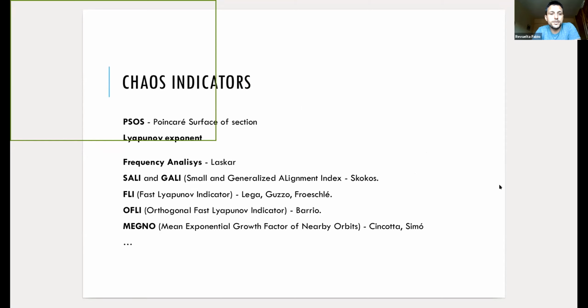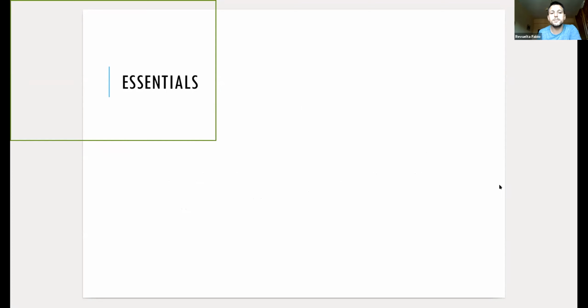There's a myriad of different tools to study chaos. I mean, Poincare surface of section and Lyapunov exponents are the most, let's say, famous ones. But there's also frequency analysis, SALI, fast Lyapunov indicators, orthogonal version of it, MEGNO, and many, many more. And maybe not all of them, but many of them have something in common, right?